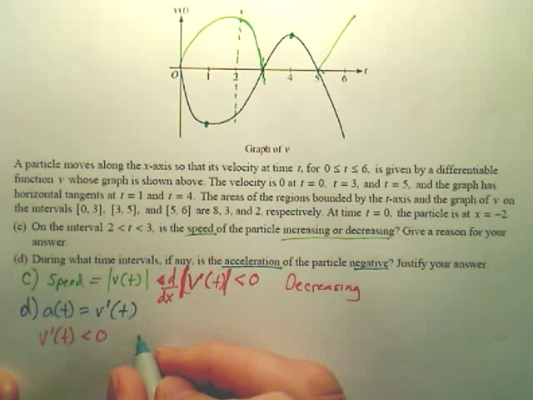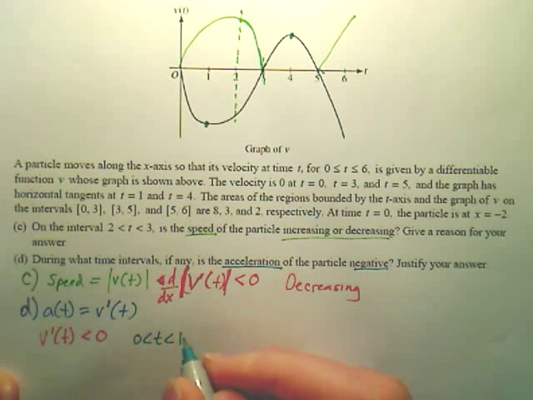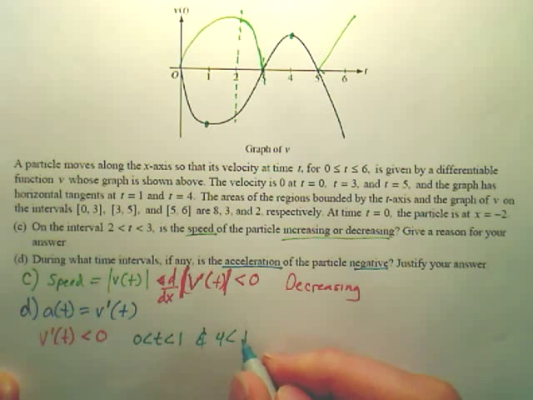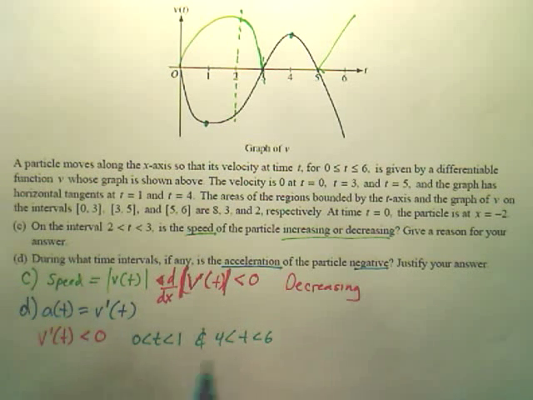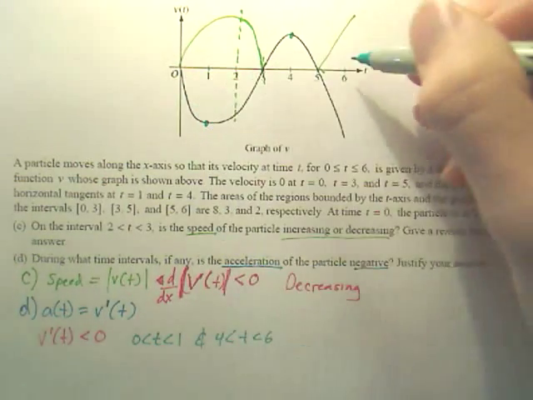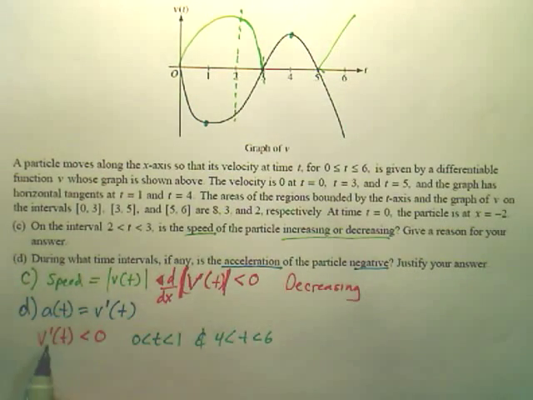That would be from the interval from 0 to 1 and from 4 to 6. My justification is that looking at the graph, v double prime is less than 0 for these two intervals.